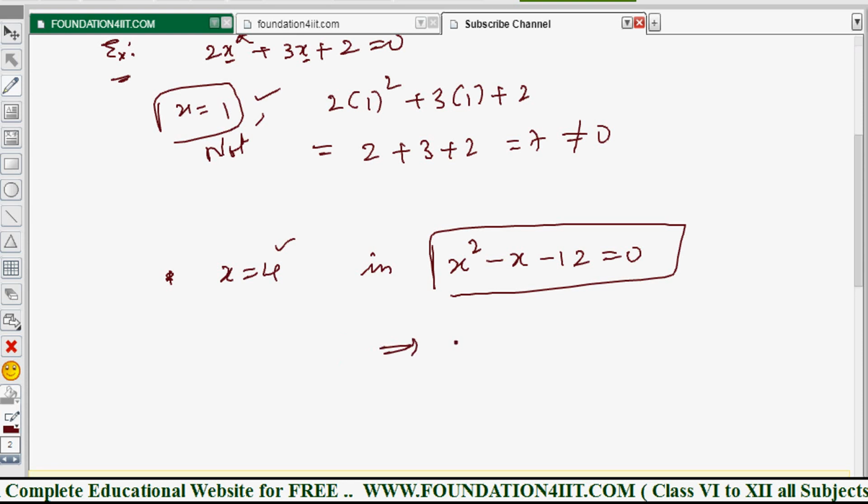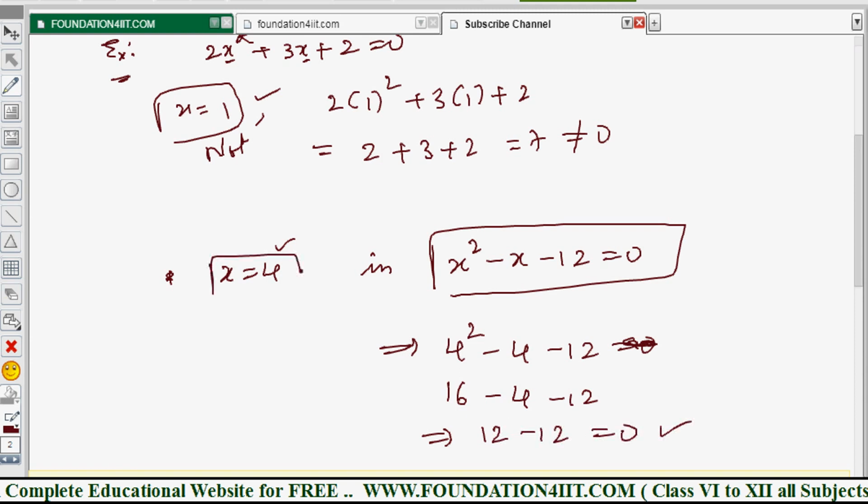That means 4 square minus 4 minus 12 is equal to 0. 4 square is 16 minus 4 minus 12. 16 minus 4 is 12. 12 minus 12 is equal to 0. So we got the 0. So when x is equal to 4, this is satisfied to get the 0. Therefore, x is equal to 4 is the root of this quadratic equation.